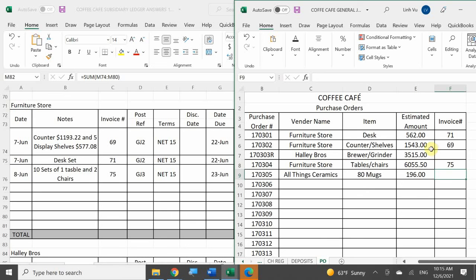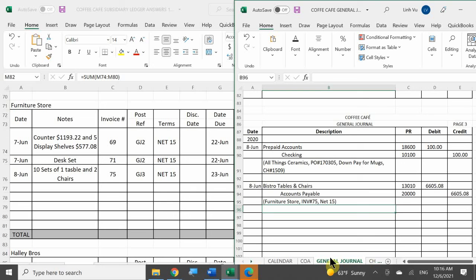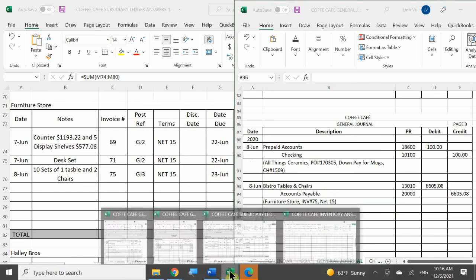Here I'm still pending on my coffee brewer and coffee grinder and my 80 mugs that I am purchasing for inventory. So there we have that invoice.